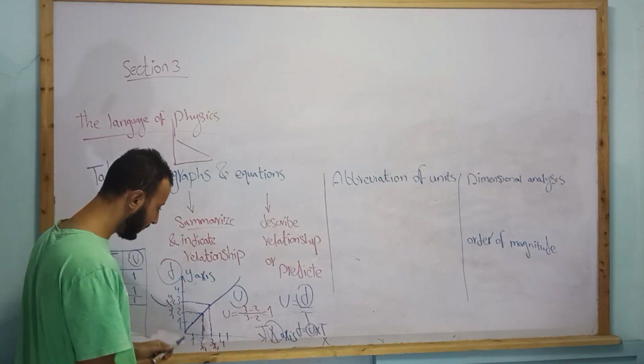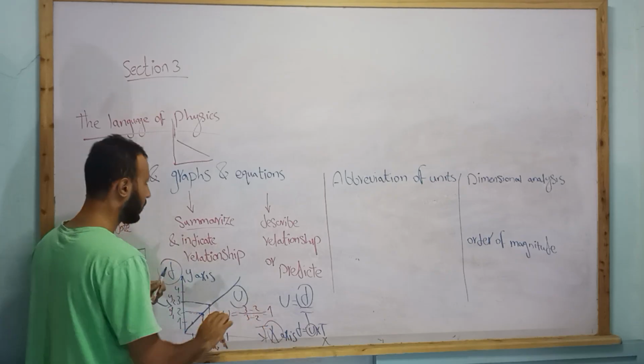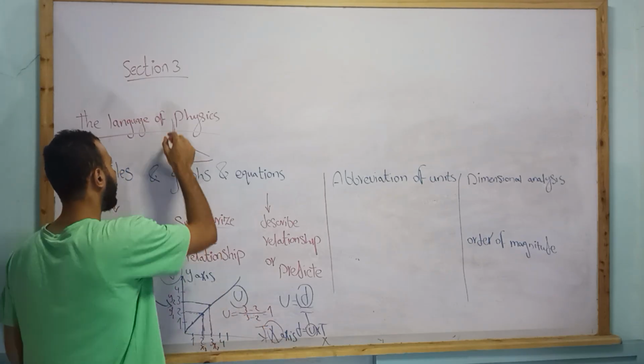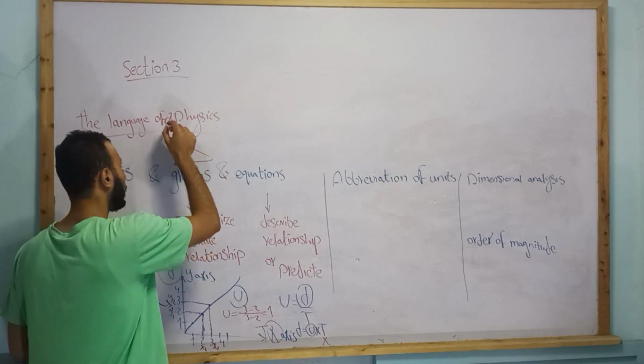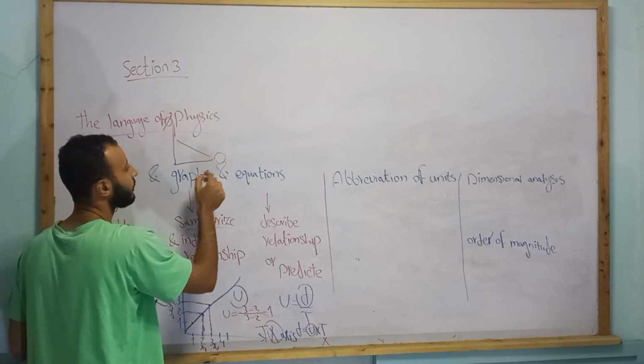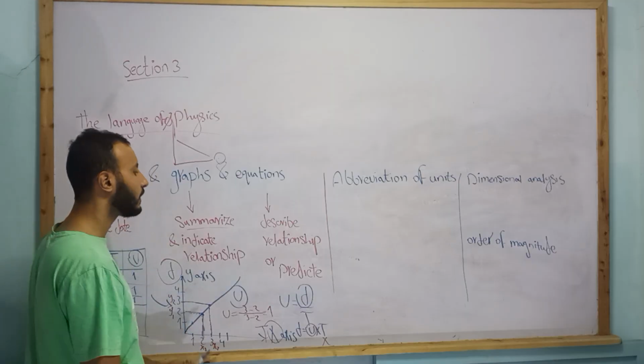What I mean by directly is that the distance increases when the time increases. But in this one, the physical quantity will decrease if the other one increases. So this is an inverse relation, but the other is called a direct relation.